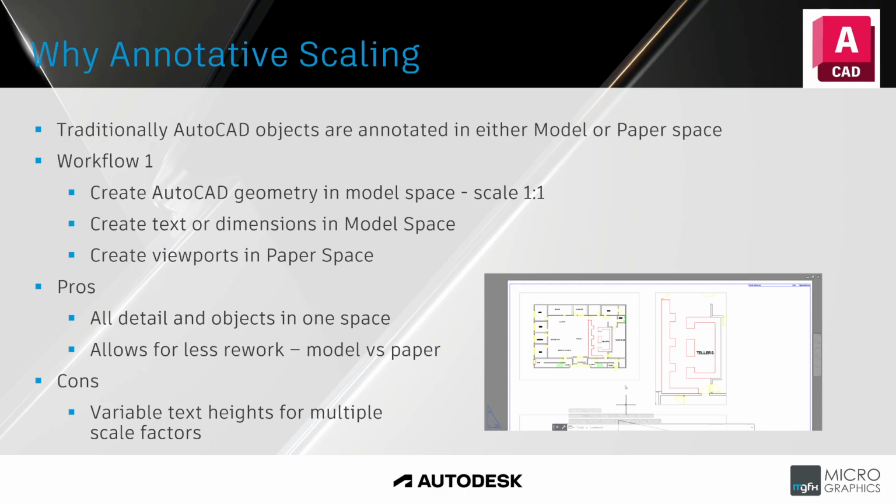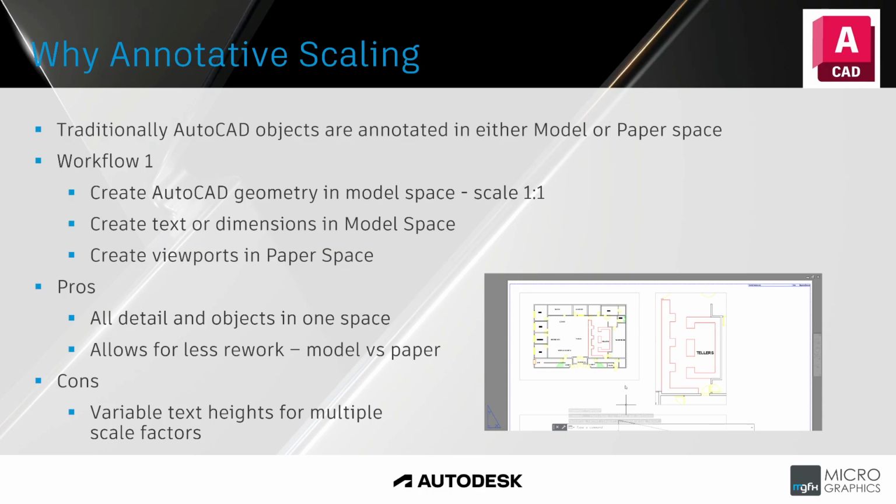That way, when you create your viewports in paper space, be it 1:1, 1:5, 1:10, you depict the same text there. For instance, on the right hand side here, you'll see the space where the tellers are going to be in this bank. But in the big viewport, you've also got to depict that the tellers are in that space as well. And if you were creating that text in paper space, you'd have to do it twice.